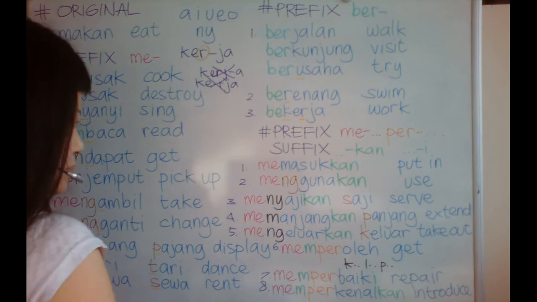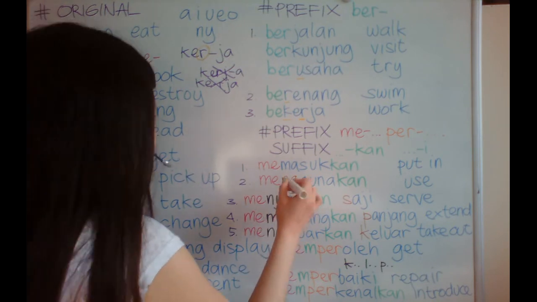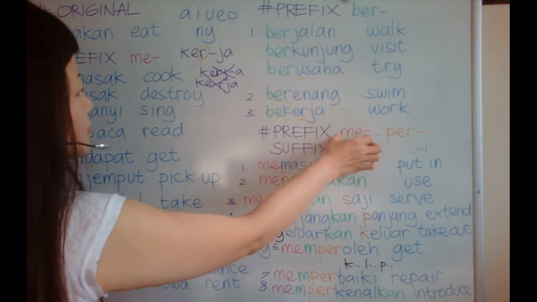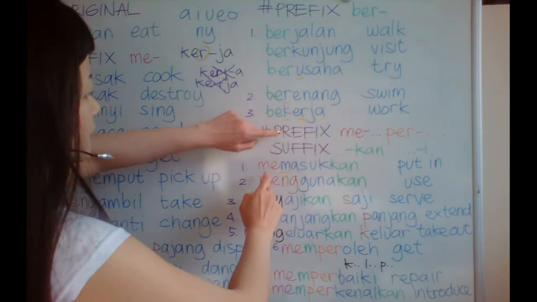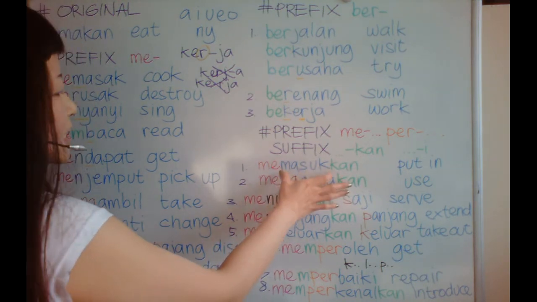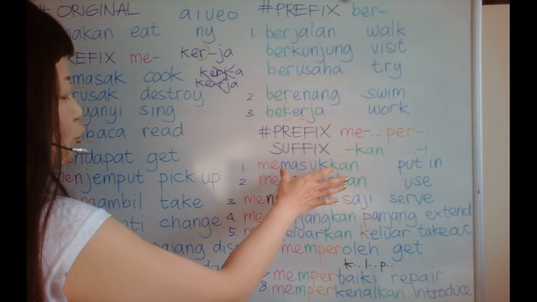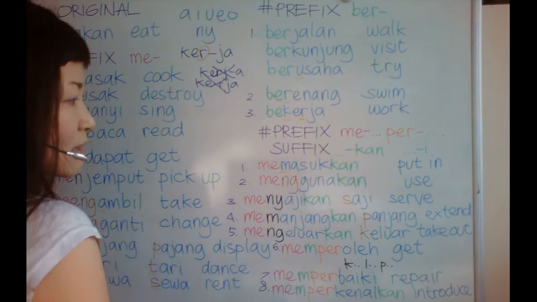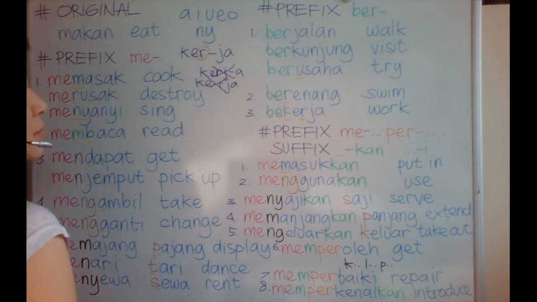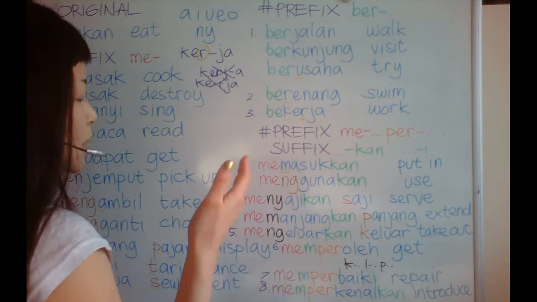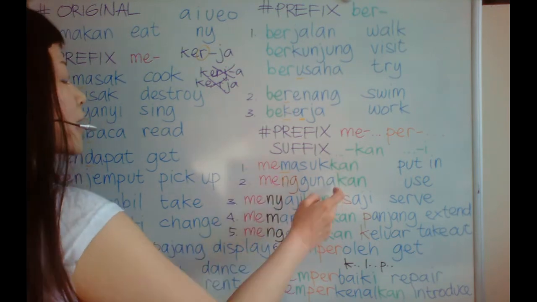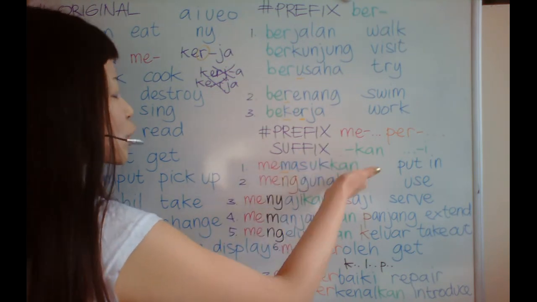Number 1, it started with M. We just have to put the prefix me, and we put the suffix kan. Masuk itself, the base word, means enter. But if you want to say put in, you cannot say masuk because masuk is enter. Put in, you have to put the me and kan. It becomes memasukkan, put in.